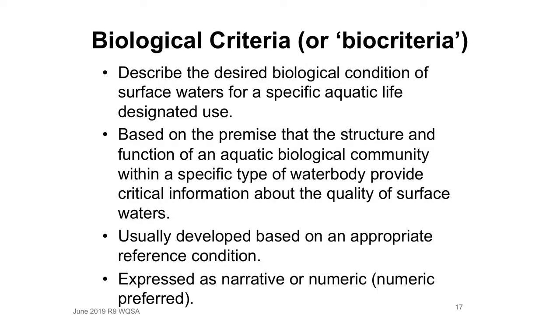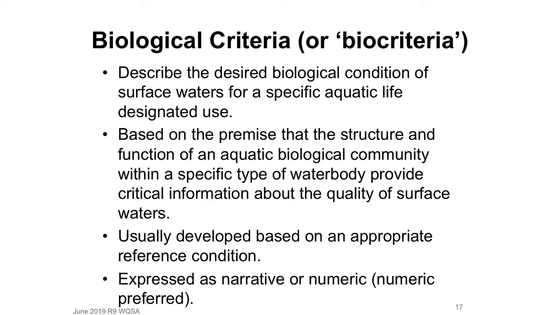Biocriteria, or biological criteria, is sort of, I think, fundamental. The Clean Water Act talks about protecting the physical, chemical, and biological integrity, and we focused a lot over the past 40 years on the chemical, not so much the physical and not so much the biological. But if you think about it, that's really what we're aiming to protect, the biology.